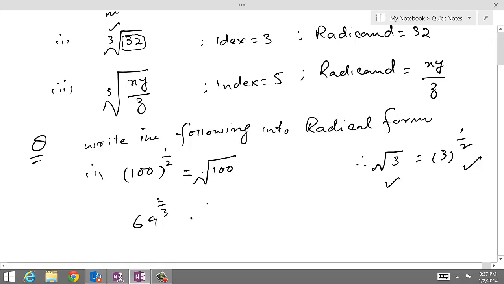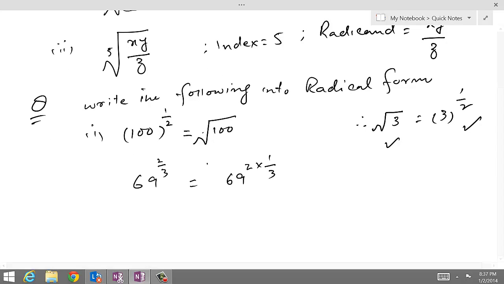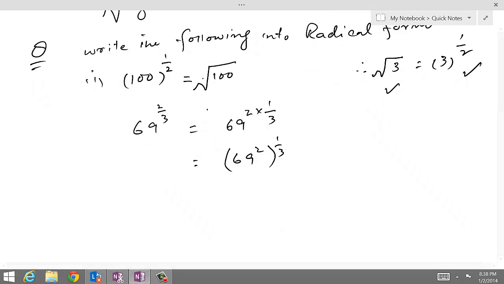This is exponential form, and if we wish to write it in radical form, we can separate 69 power 2 times 1 over 3, and then equivalently write this as 69 power 2 and whole power 1 by 3, and then this is third root of 69 square.